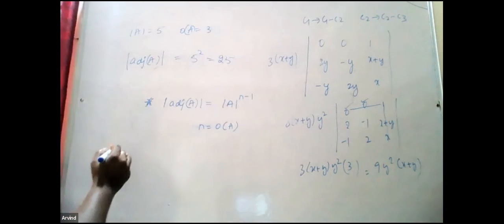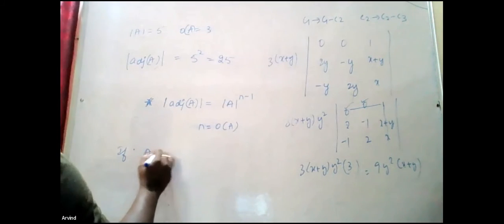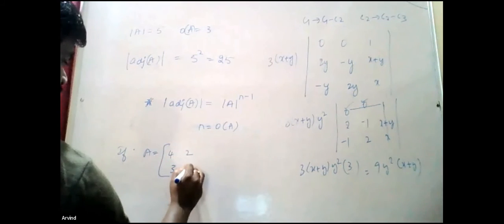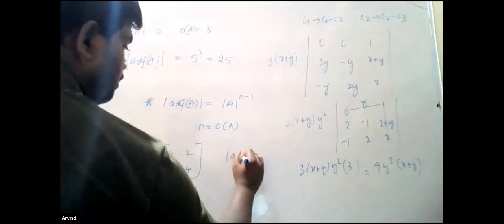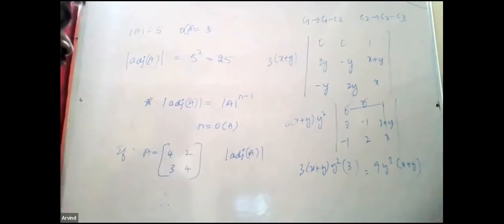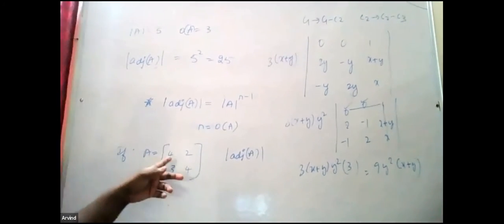If A is equal to 4, 2, 3, 4, then what is the determinant of adjoint A? Use the formula. What will be the determinant of adjoint A? Otherwise, you can find adjoint A and then its determinant, and that will also be correct. But let's do it directly.